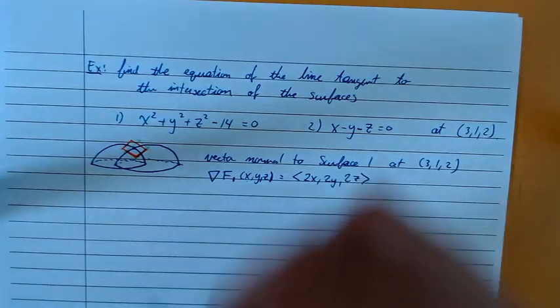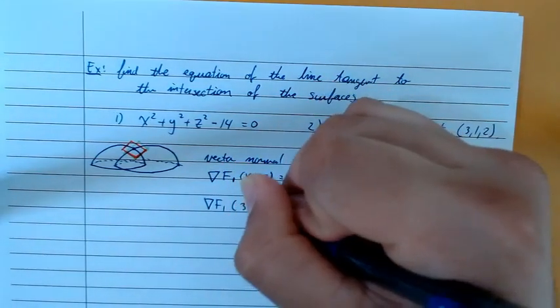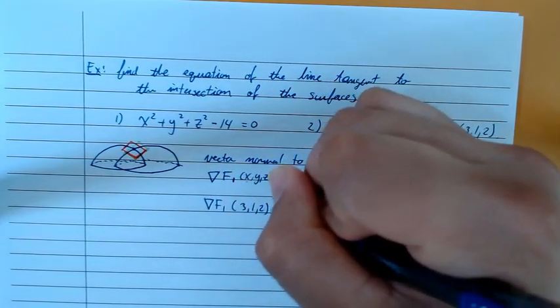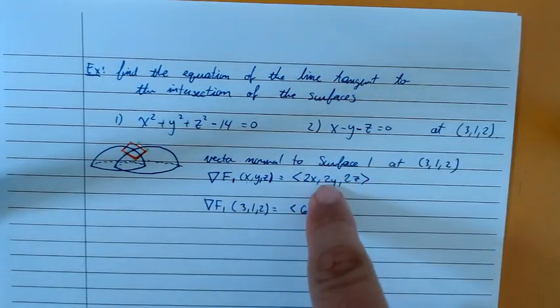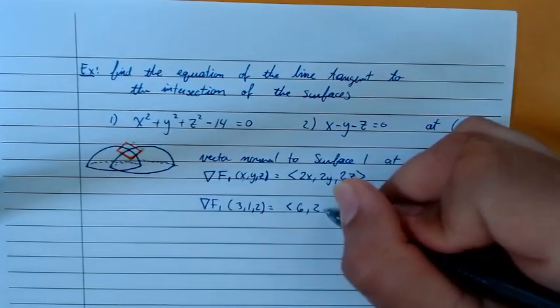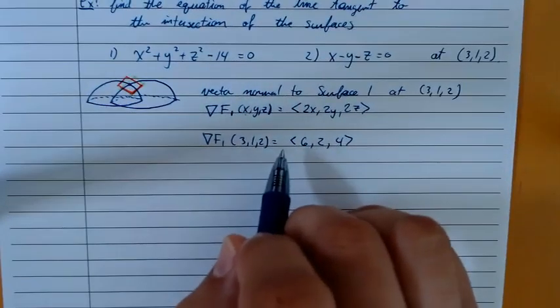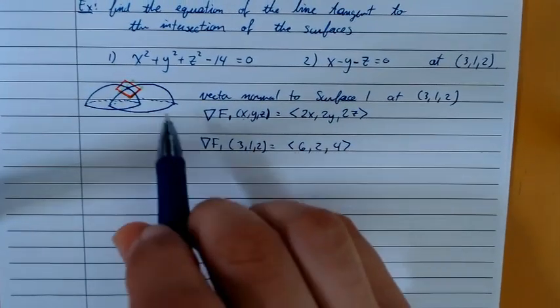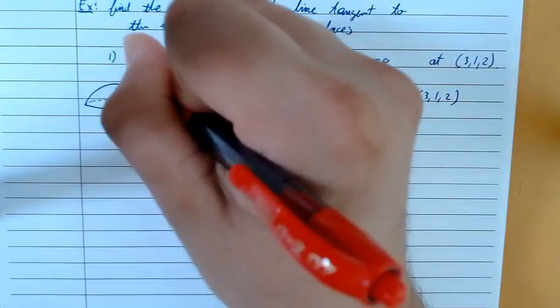Oh, so at that point, the gradient of F1 is going to equal 2 times 3, which is 6, 2 times 1, which is 2, and 2 times 2, which is 4. All right, so there is the vector that is normal to the first surface. Okay, so we have something that's coming out this way.